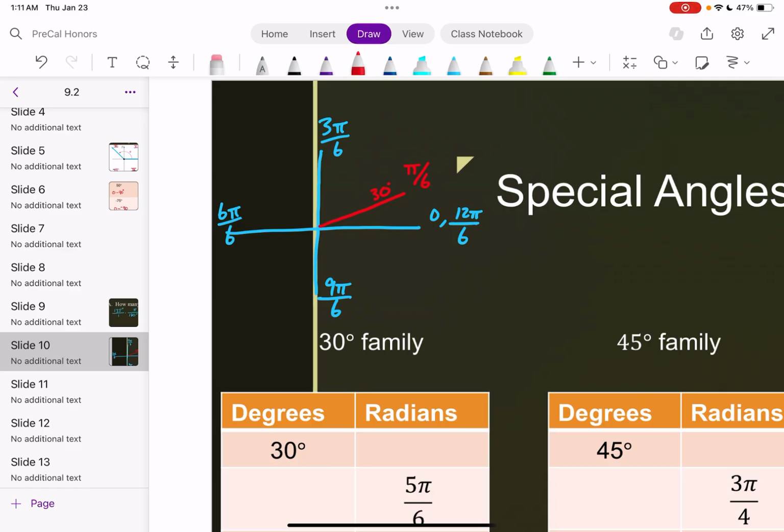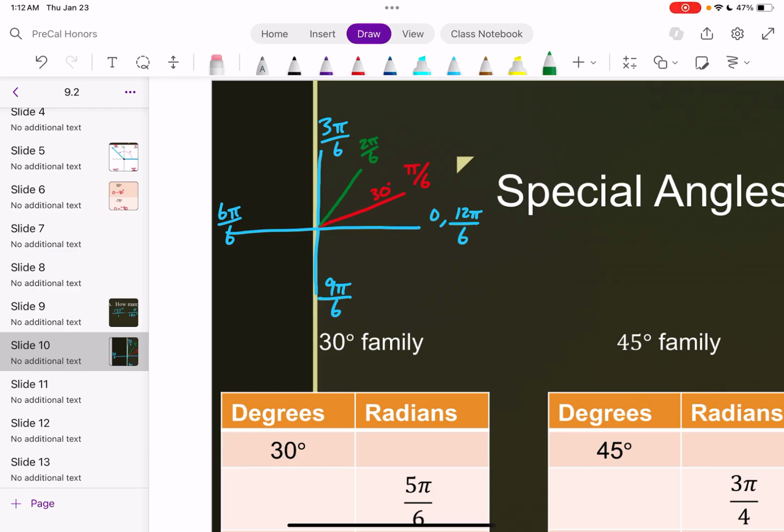Now in the second case, where we would usually have a 2 pi over 6, keep in mind that would be our 60 degree family. 30 plus 30 is 60. Now there might be an overlap to how this occurs.